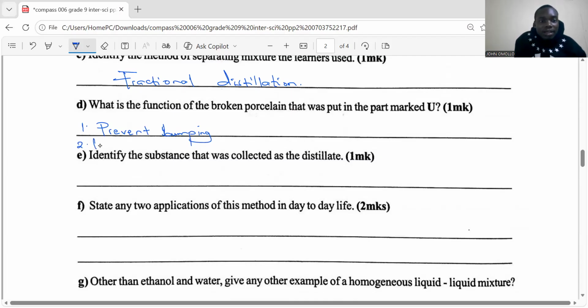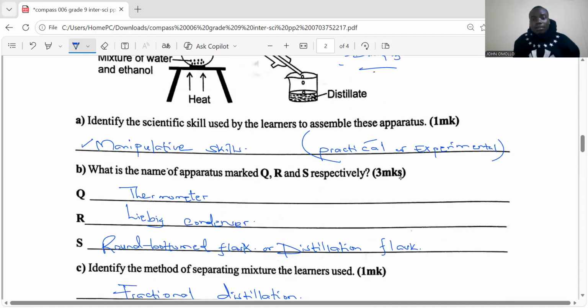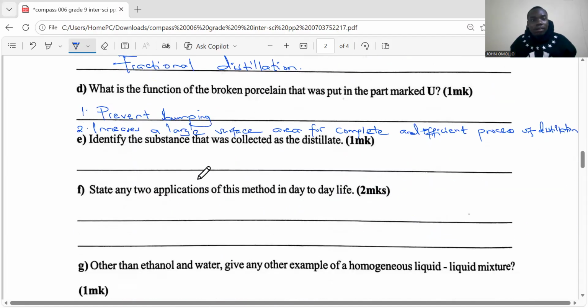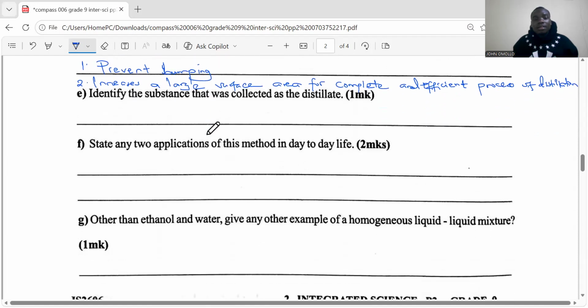Number two, it increases a large surface area for complete and efficient process of distillation. Those are the two functions of the broken porcelain that was used in the part marked U.